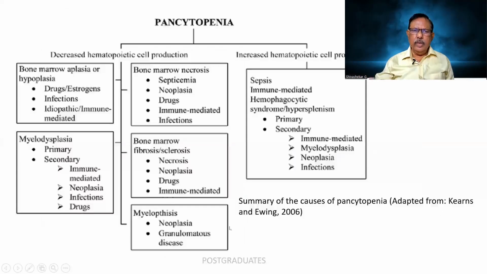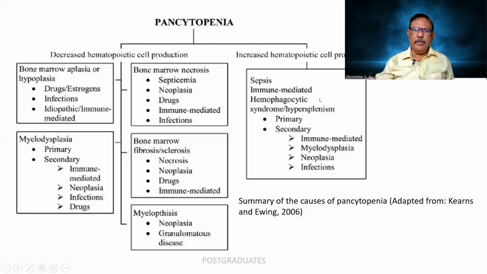So this is a wonderful flow diagram of the pancytopenia thanks to Ewing. I would like you people to kindly memorize. At one end, I am finding decreased hematopoietic stem cell. It can be because of aplasia, myelodysplasia, bone marrow necrosis, sclerosis, myelofibrosis, some other neoplasia that is infiltrating. Or it can be because of increased hematopoietic cell production, but at the same time, there is a destruction outside.